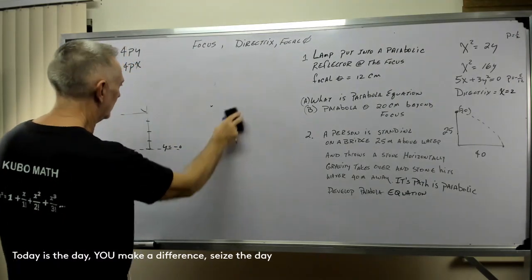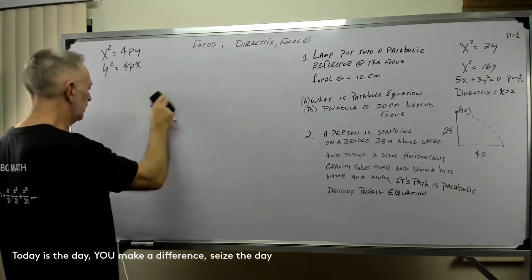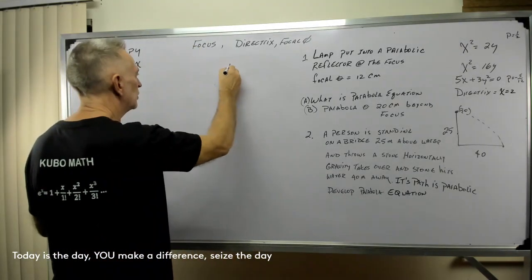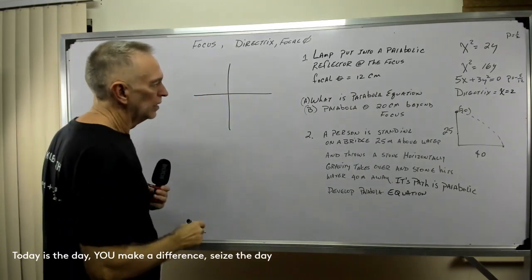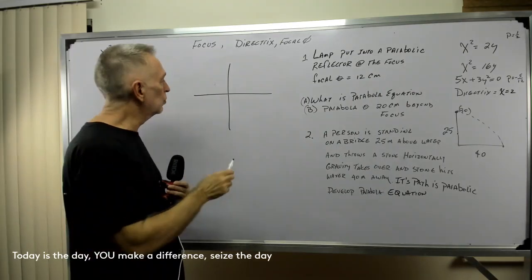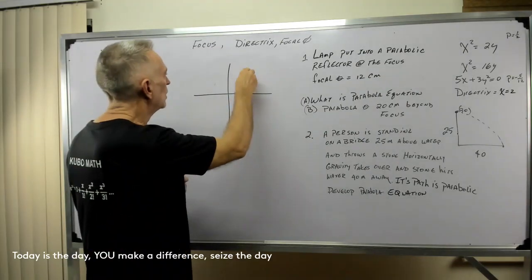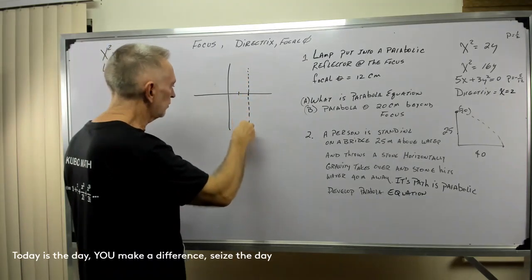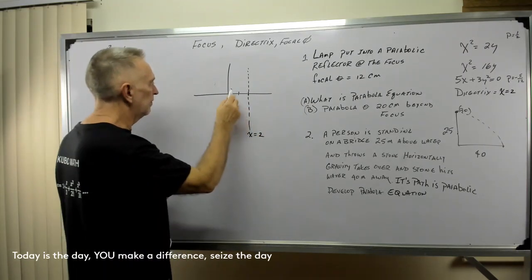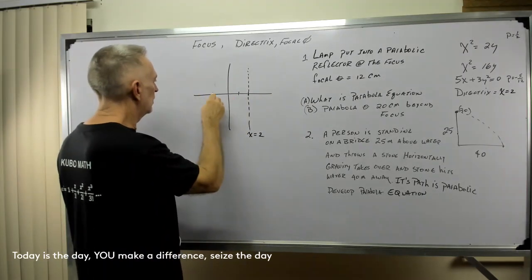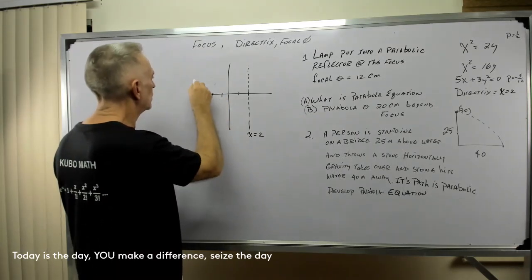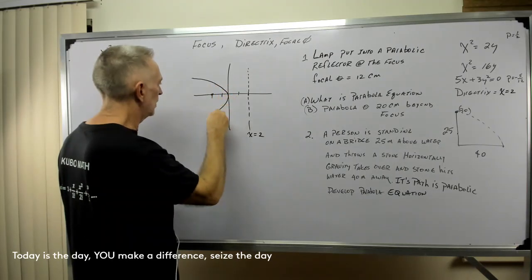What if we're given the directrix? Okay, so we have a situation where we have a grid here, and we know that the directrix is at x equals 2. So now I have a directrix at x equals 2. Well, if that's 2, then my focus is going to be over here, 1, 2. So I know that my parabola looks like that.